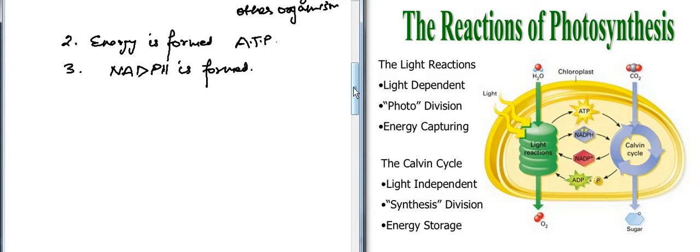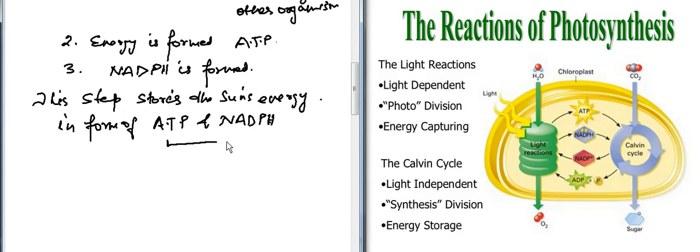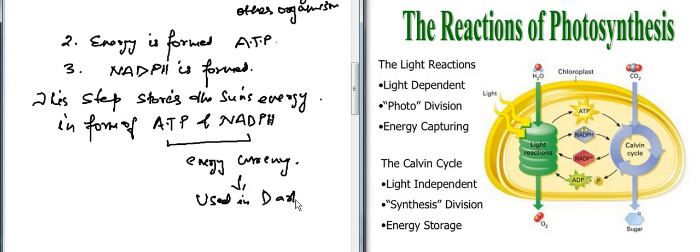So simply we can say that this step stores the sun's energy in the form of ATP and NADPH. Both are energy currency, used in the dark reaction.